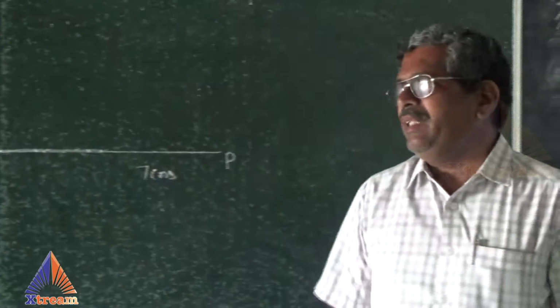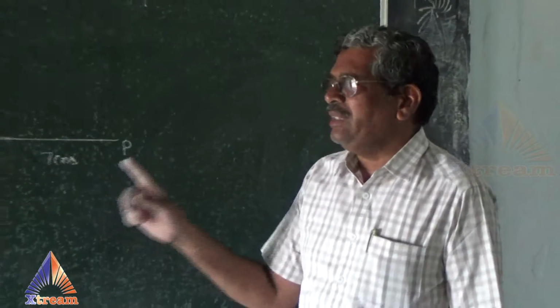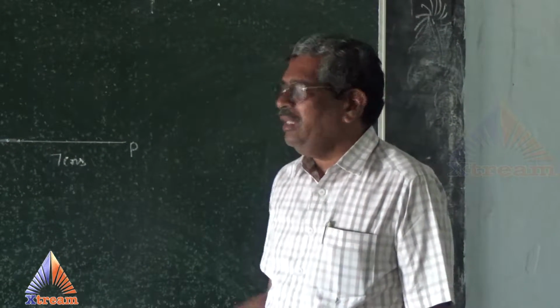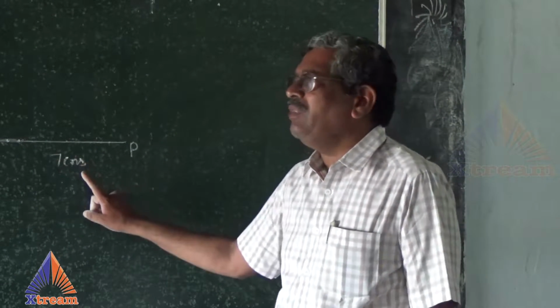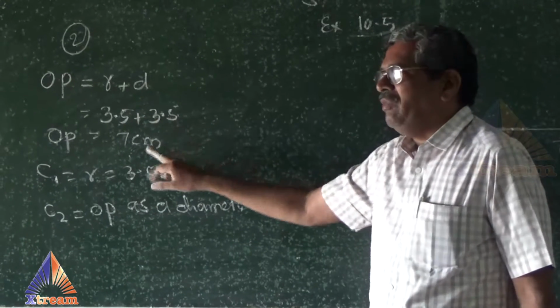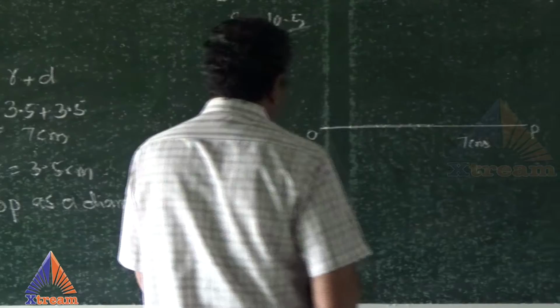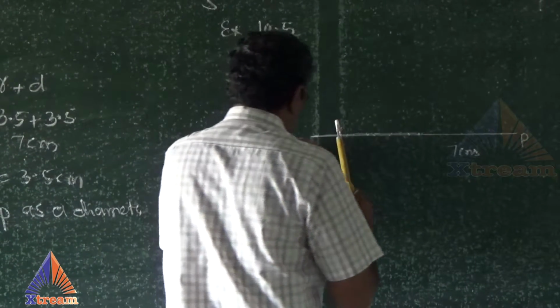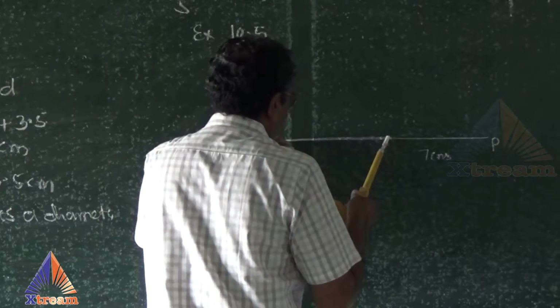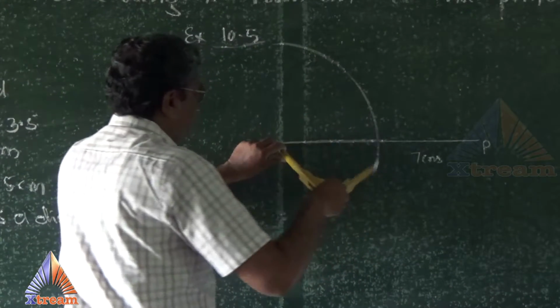The problem is given. First is the radius of the circle, which is 3.5 centimeter. The point P is away from the circle by 3.5, so 3.5 plus 3.5 is equal to 7 centimeter. Now take a radius of 3.5 centimeter and draw one circle.